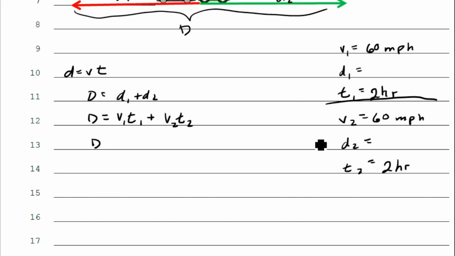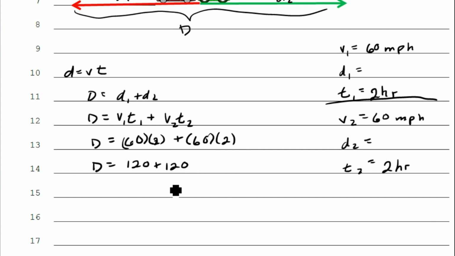V1 T1 plus V2 T2 equals 60 times 2 plus 60 times 2. So D equals 120 plus 120. And the distance they are apart is 240 miles after 2 hours.